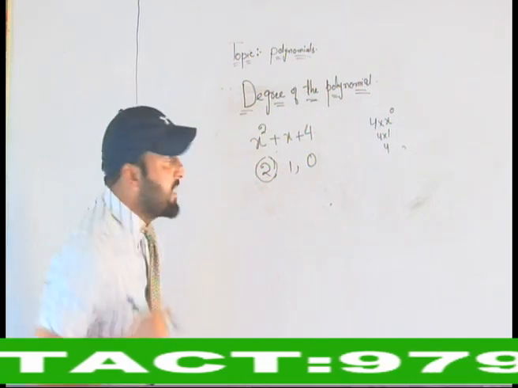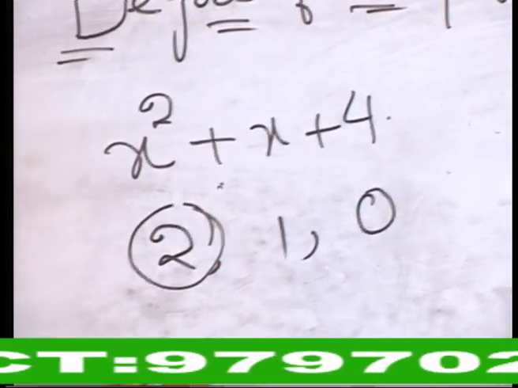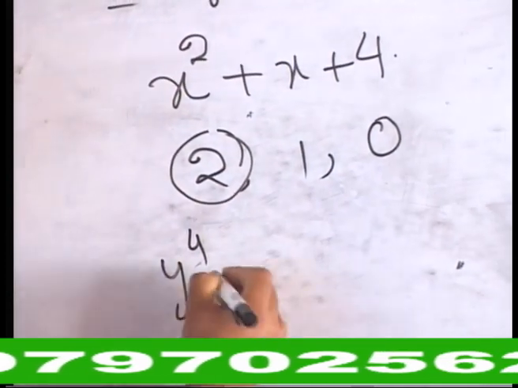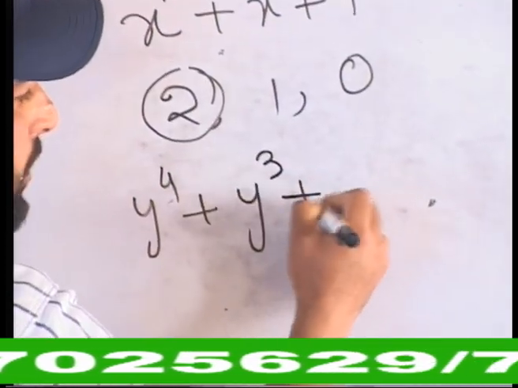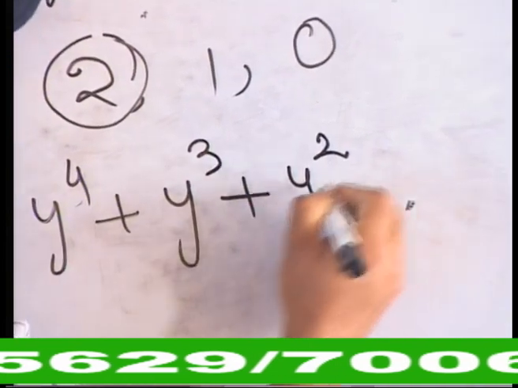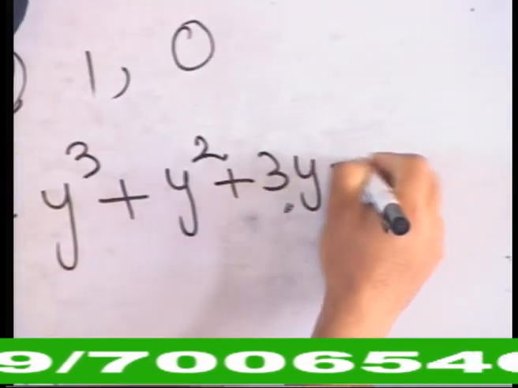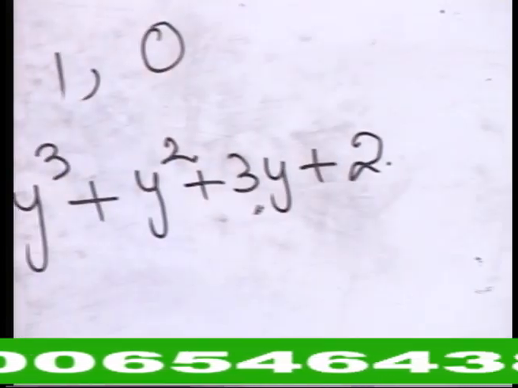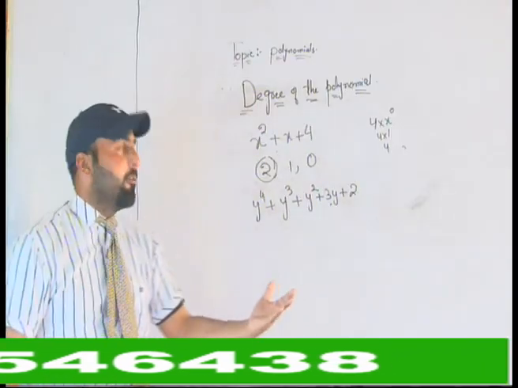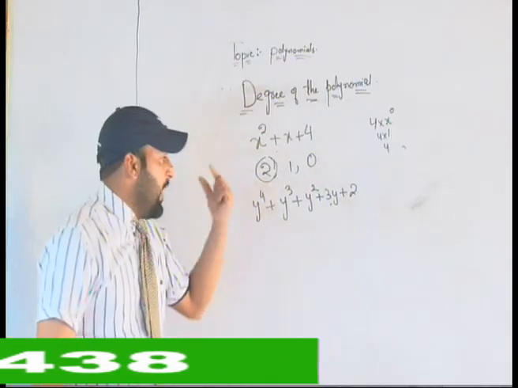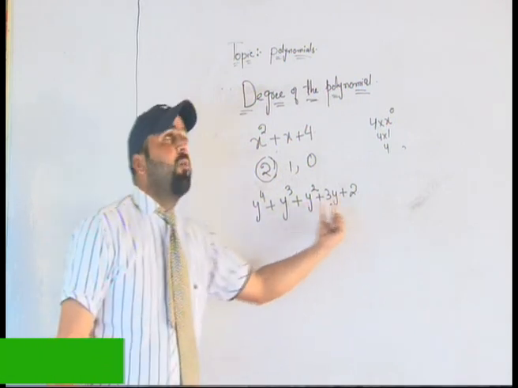Suppose we take another example, y raised to power 4 plus y cube plus y square plus 3y plus 2. Yes, this is a polynomial. Now you have to check what the exponents of y are here.